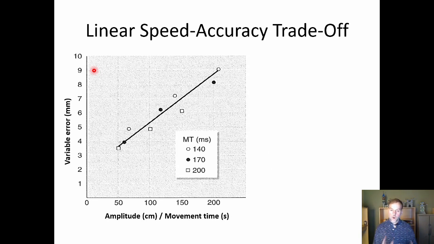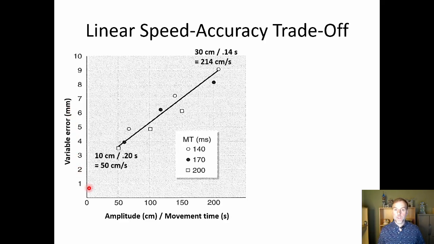All right, here are the data replotted. Now on the x-axis, we can think of this as the velocity of your movement or the difficulty of the conditions that we're giving you. What we see is a nice linear relationship between your speed or velocity and your accuracy, measured by variable error.